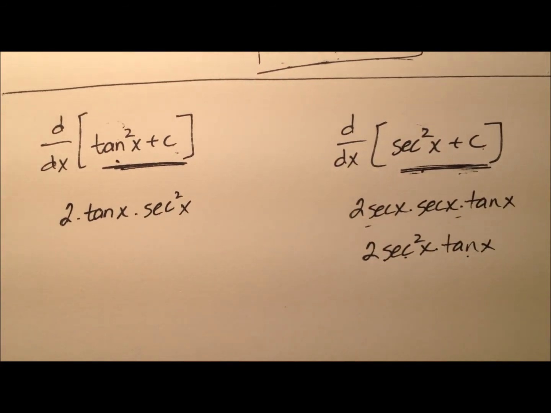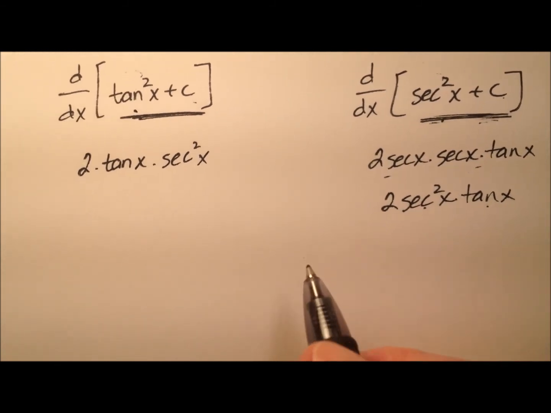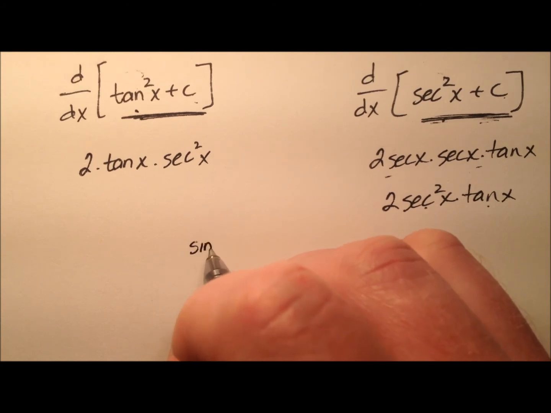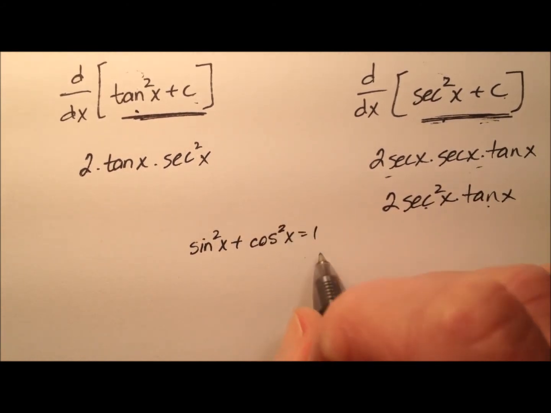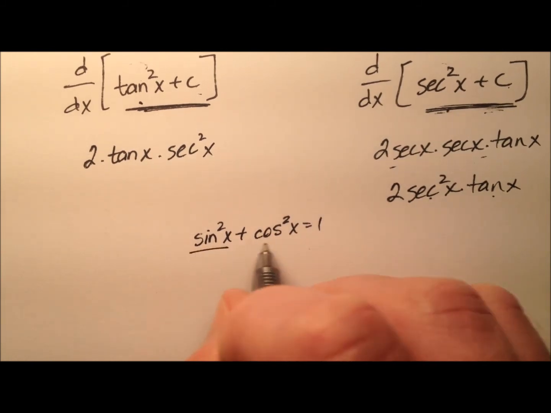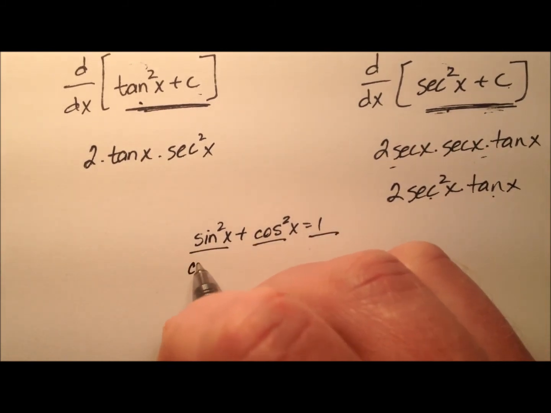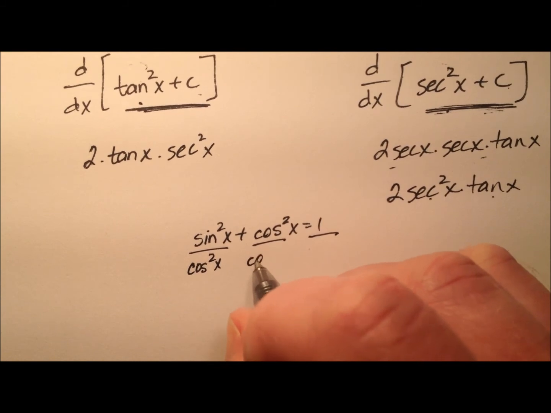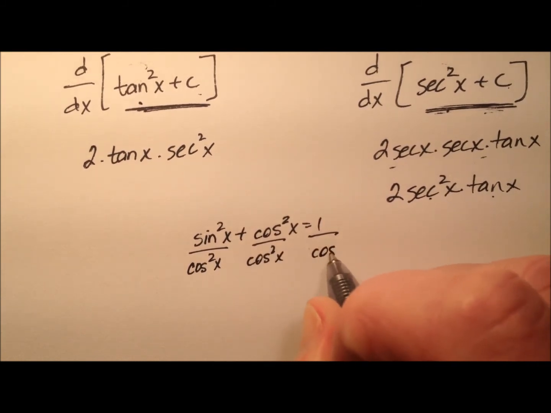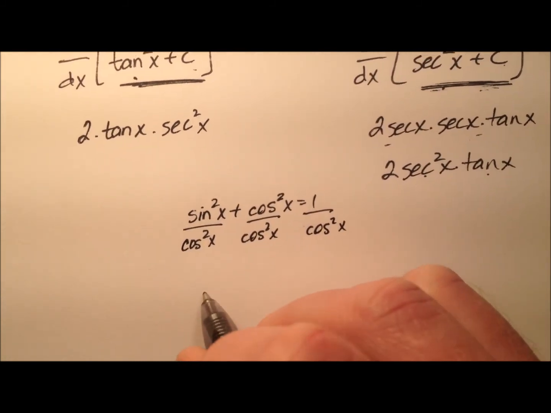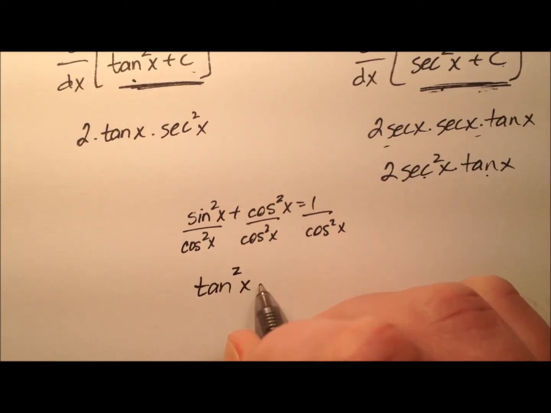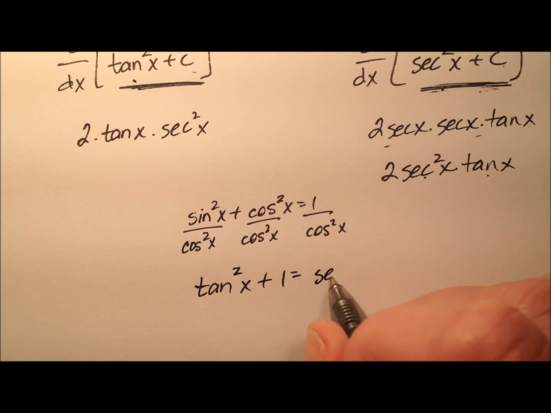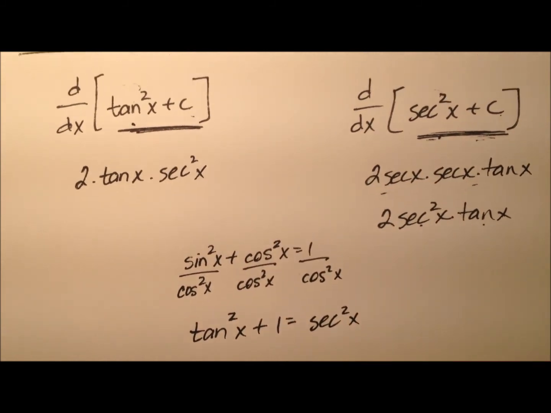What's the relationship between tangent squared and secant squared? Well, you can start with the fact that sine squared x plus cosine squared x equals 1. And if I divide all of those terms by cosine squared x, I get one of our other known Pythagorean identities, tangent squared x plus 1 equals secant squared x.